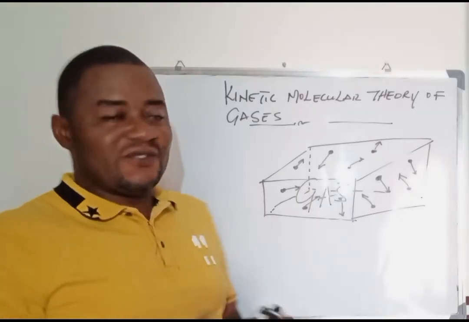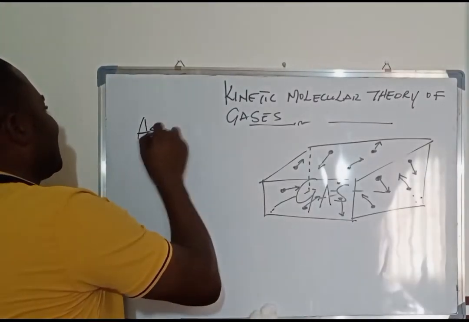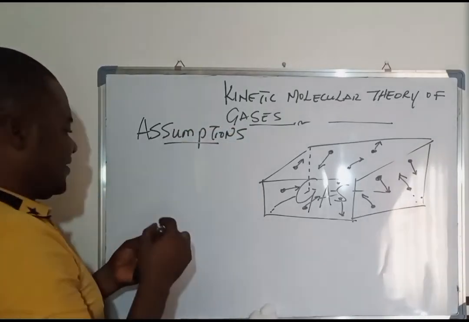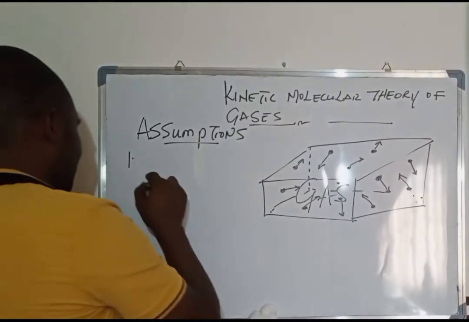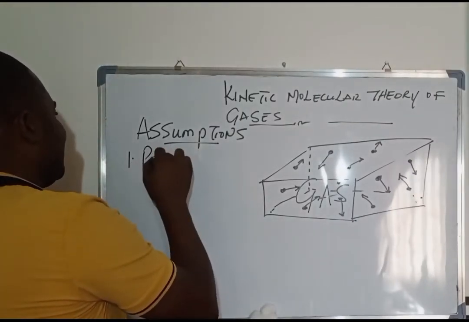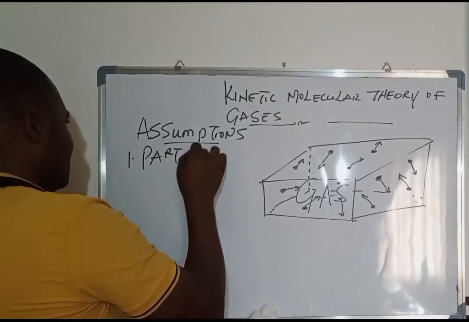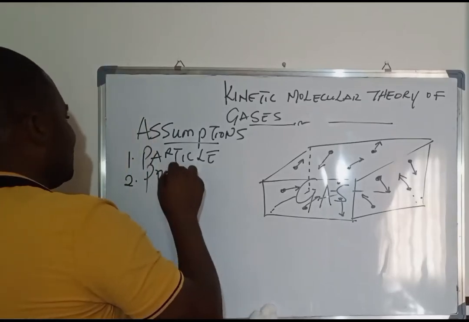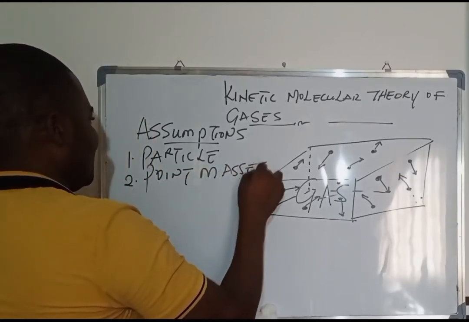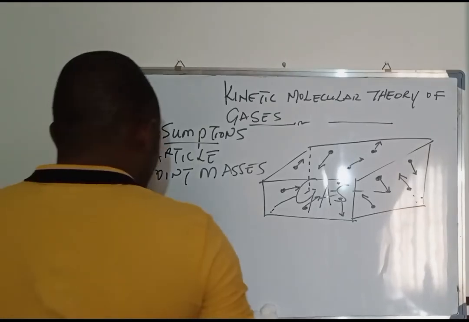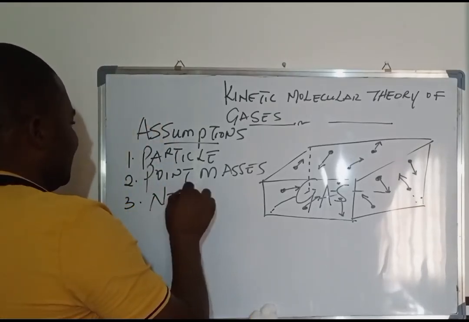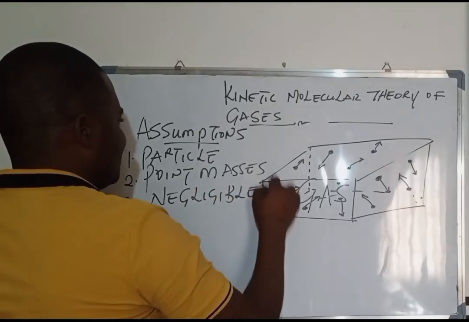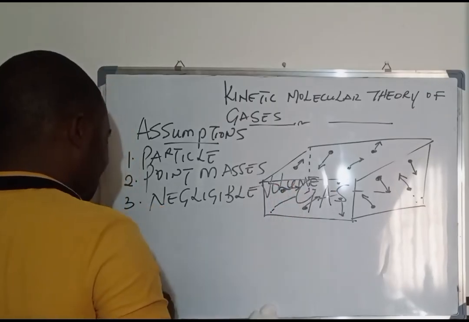Now let's look at the assumptions first, the assumptions of the kinetic molecular theory of gases. We'll discuss the assumptions on the basis of one particle. We'll also discuss it on the basis of point masses, negligible volume, and nil force of attraction.